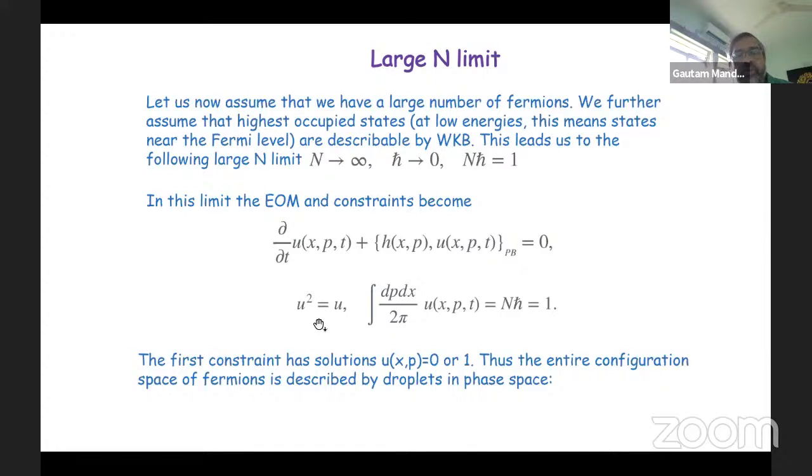So the phase space configuration can therefore be written as droplets, in which inside the droplets you have u equal to 1, and outside of the droplets you have u equal to 0. This is called a droplet representation. So you are automatically led to the droplet representation of fermion phase space configurations in this large N limit.